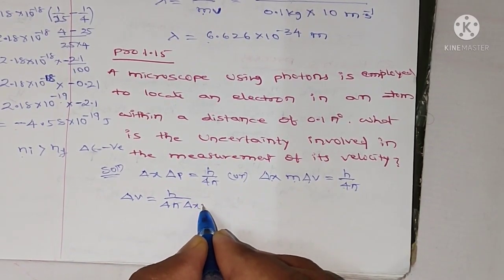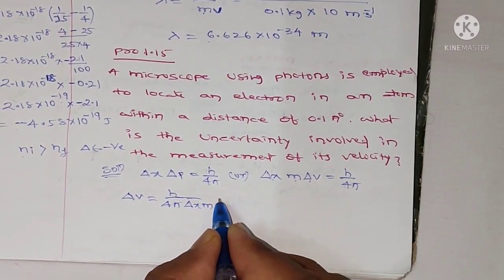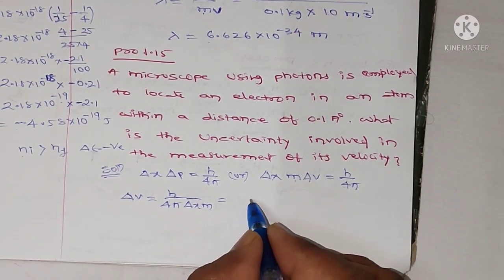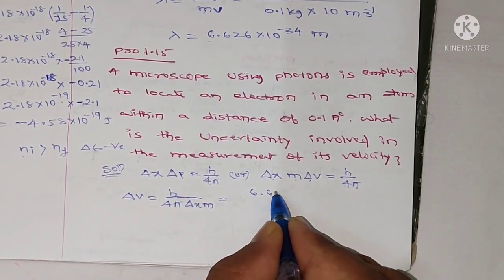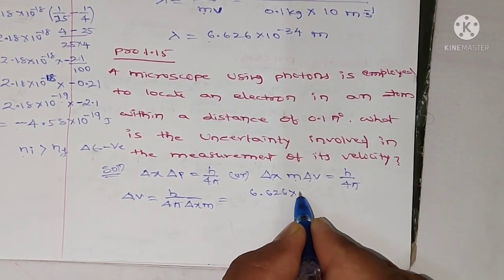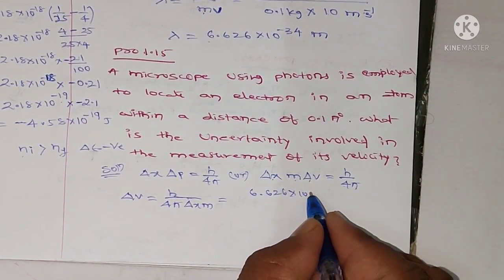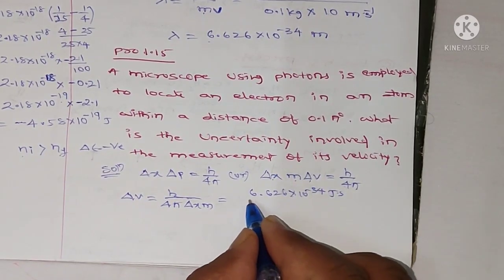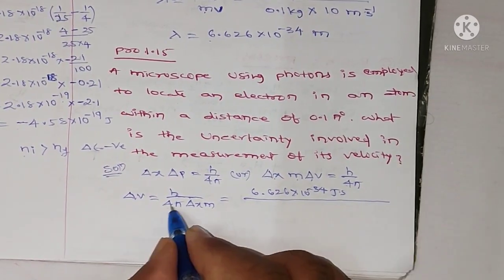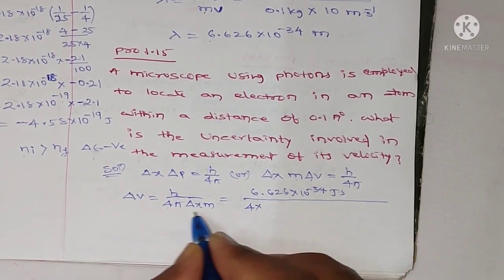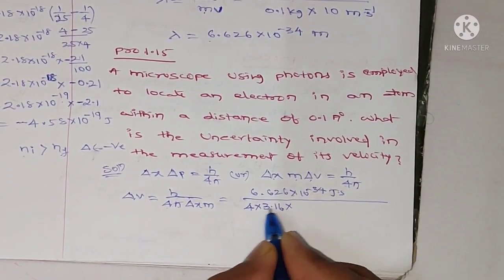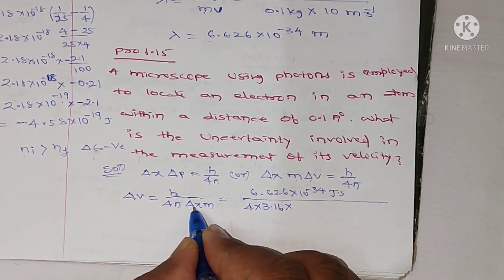Delta x into m is equal to h, the Planck's constant, the value is 6.626 into 10 to the power of minus 34 joule second, divided by 4 into the pi value 3.16 into delta x.